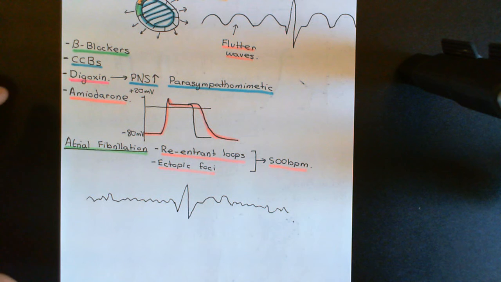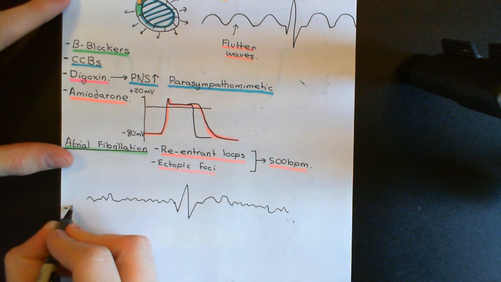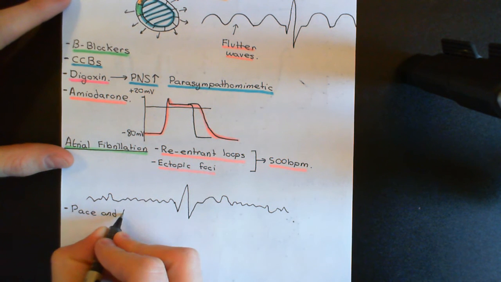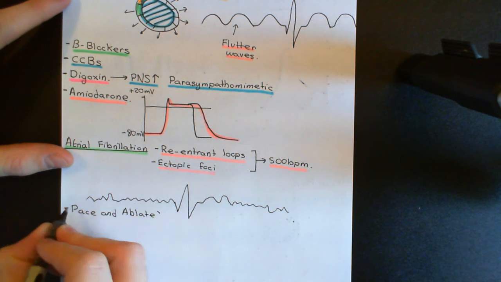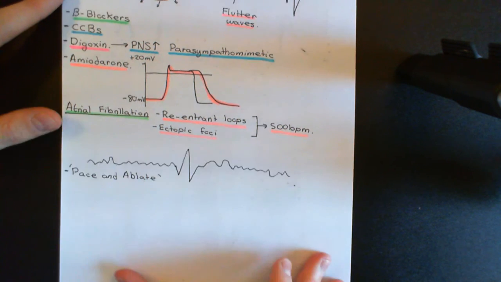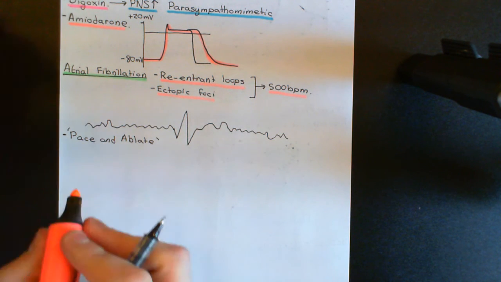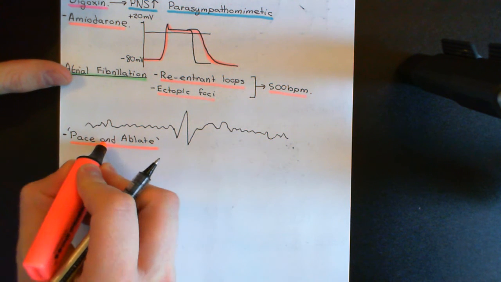Other options then, another option is that you can actually do what's called pace and ablate. Okay, so this is a sort of tongue-in-cheek name for this treatment. So really it should be ablate and pace rather than pace and ablate, because that's the order that you would actually do it in. In pace and ablate treatment for atrial fibrillation, the idea is to completely disconnect the atria from the ventricles.